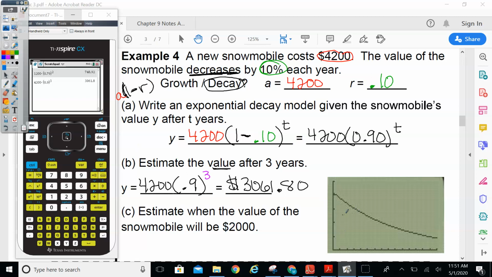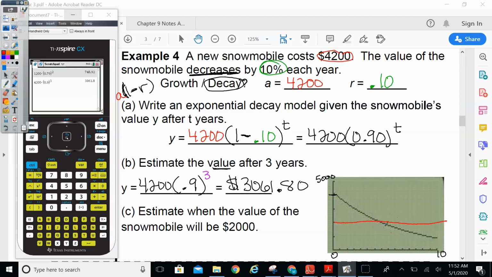Okay, so in a graph over here, we have a decay graph. So again, it's going to be 0 to 10 this way. And then this value is the starting amount, which is the 4,200. So the very top of it is going to be 5,000, I think. Let me double check that. So we're going to have a flat line at 2,000.